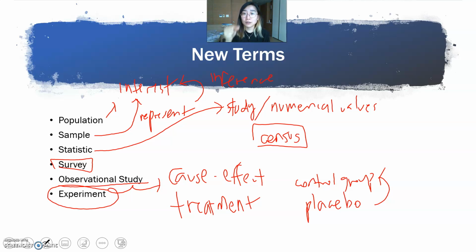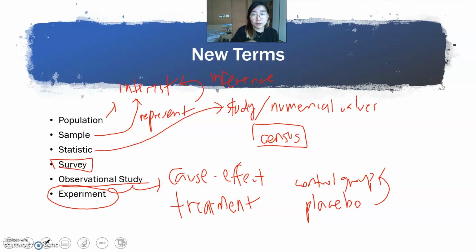They give you the placebo pill so that we can actually calculate the chance. Is it by a random incident that this person got better, or do we have enough evidence to say that this pill actually works to make people feel better?